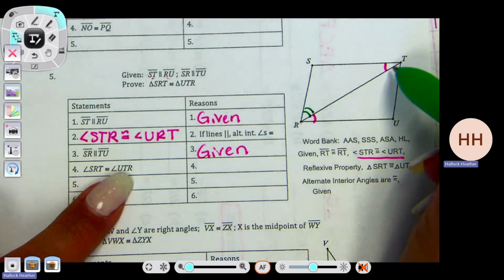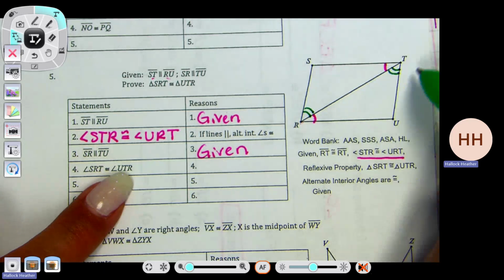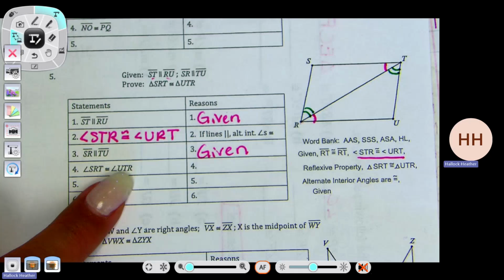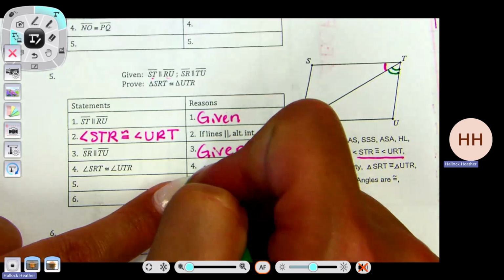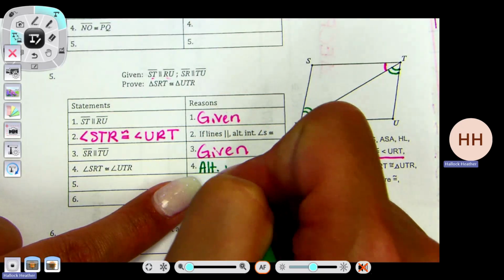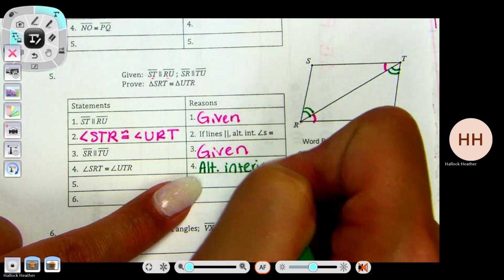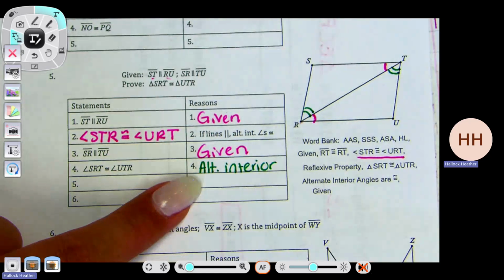UTR is the bottom half of this angle. So they're not congruent to themselves. They're congruent to the opposite side because it's alternate interior angles. What's the reason for that? I kind of just said it. Alternate interior angles.